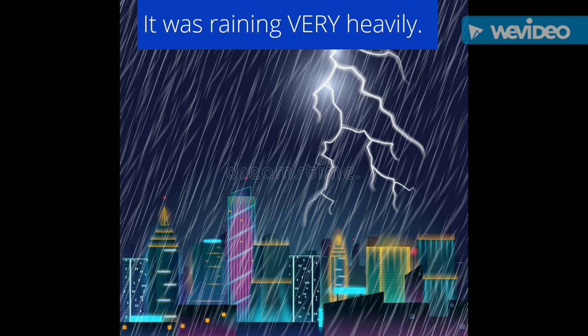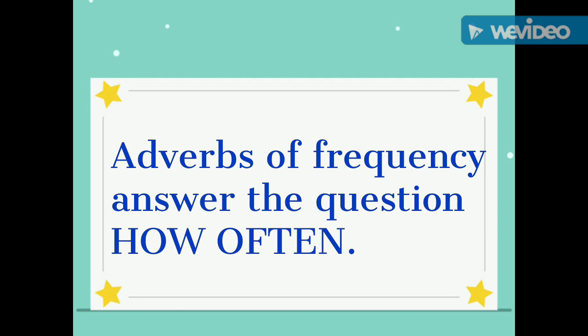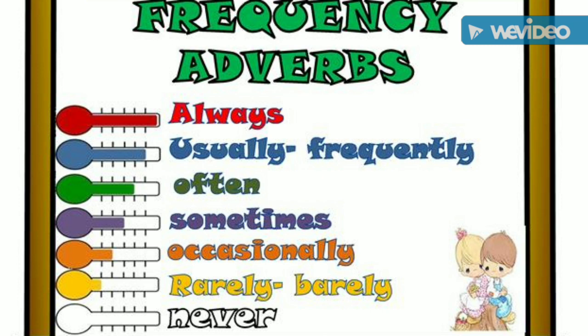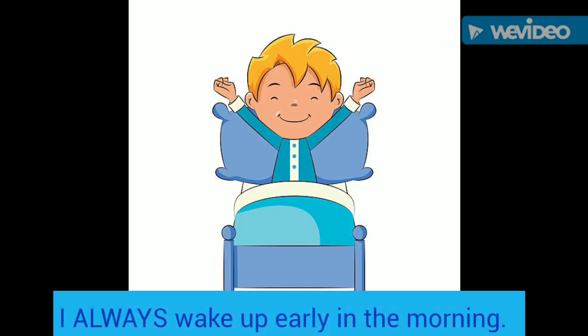Adverbs of frequency answer the question how often. Here is another adverbometer to tell you where to use which adverb of frequency. If you do some task very often, you may use the adverb always, like I always wake up early in the morning.